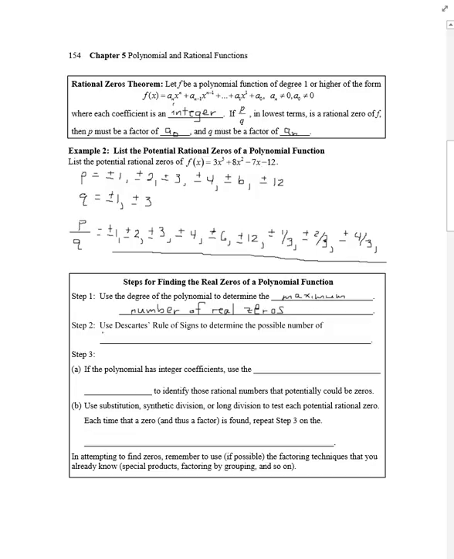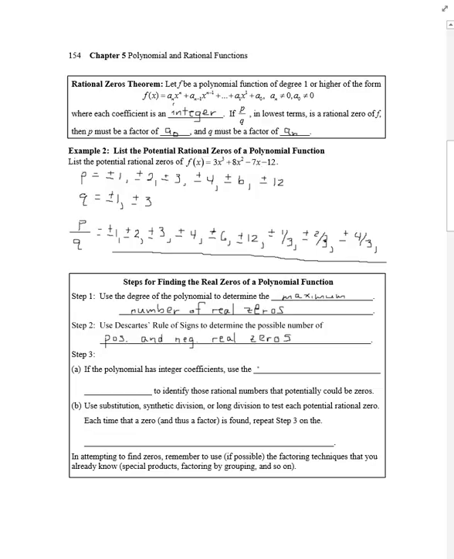Then we use Descartes' rule of signs to determine the possible number of positive and negative real zeros. So that can help us narrow it down some.